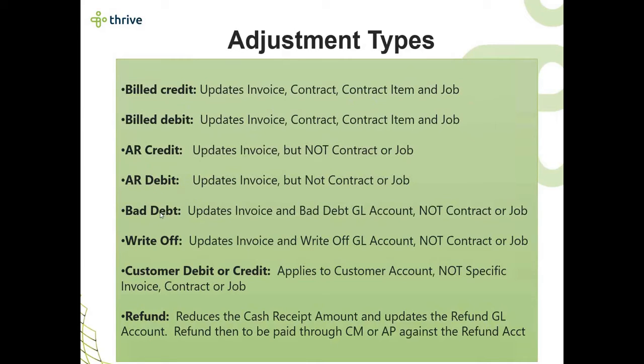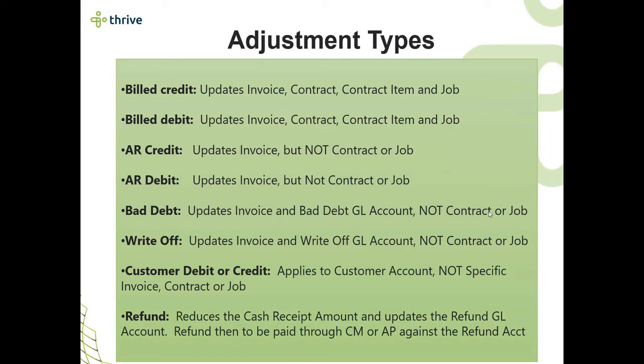The next two are very similar as well, bad debt and write-off. The bad debt and write-off updates the invoice value, and so if you write off the entire invoice, the invoice value will be going back to zero, and the other side of the transaction will go back to either the bad debt or the write-off general ledger account.